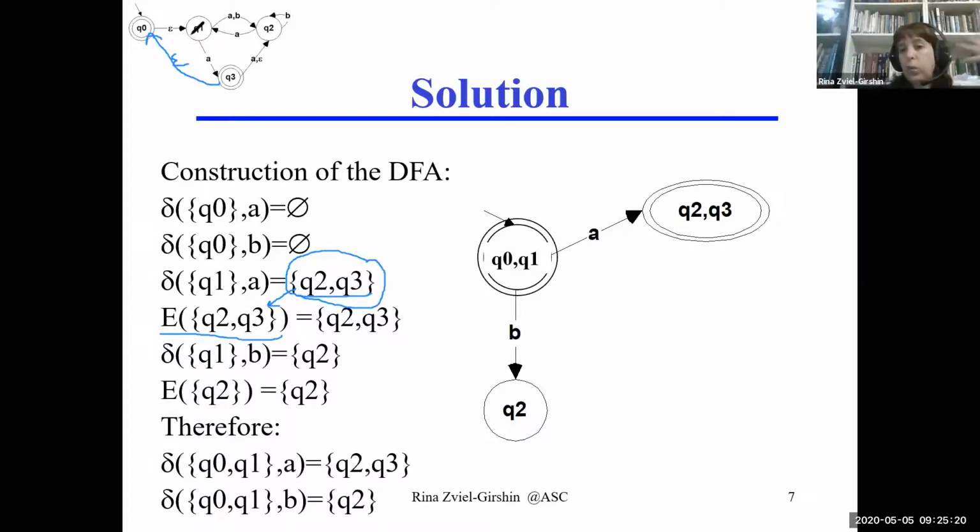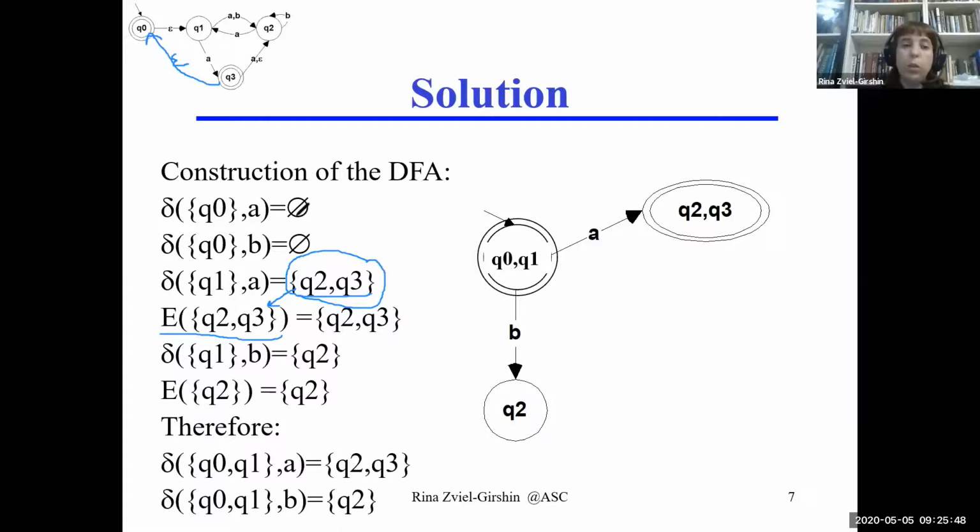So according to the algorithm, since we have to think about all possible transitions, I have to use the input letter, A. But after using the input letter, I can look at all epsilon paths that I can have from the states that I reached. And it is called epsilon closure.